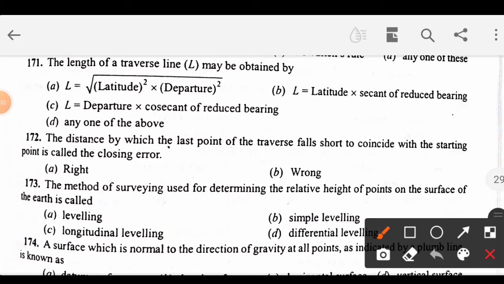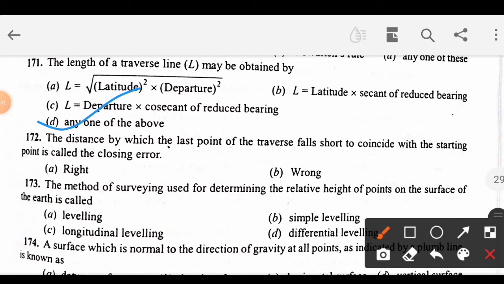L equals departure into cosecant of reduced bearing. यहाँ पे एनी वन ऑफ द अबव, ऊपर का कोई भी आंसर हो सकता है. यहाँ पे करेक्ट आंसर D, any one of the above.